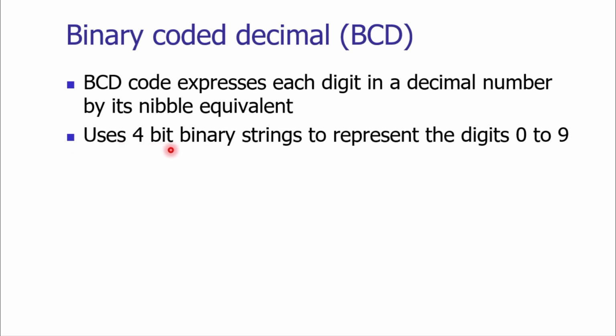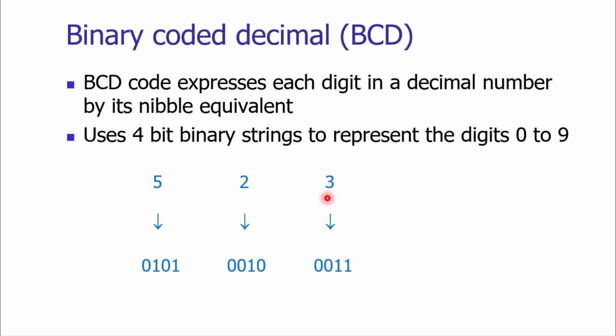It uses 4-bit binary strings to represent the digits 0 to 9. So let us take this example. If we have a decimal number, say 523, what would be the binary coded decimal representation?